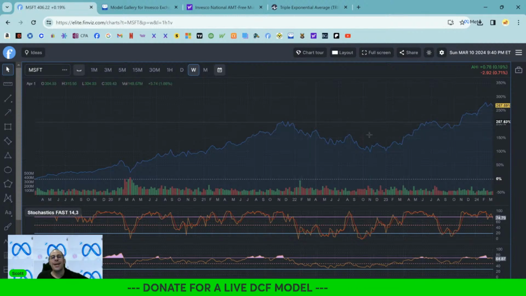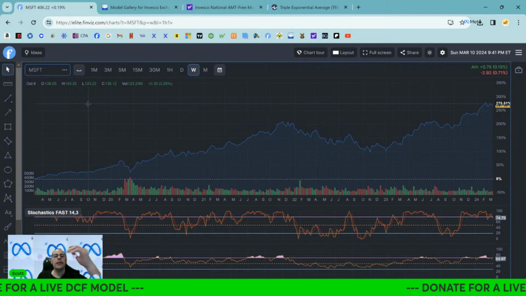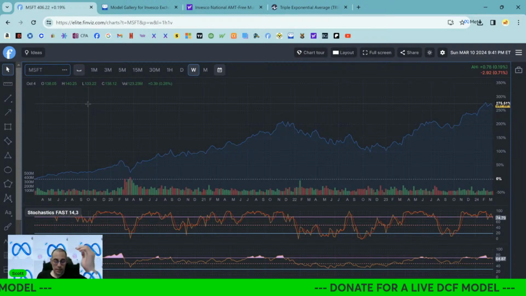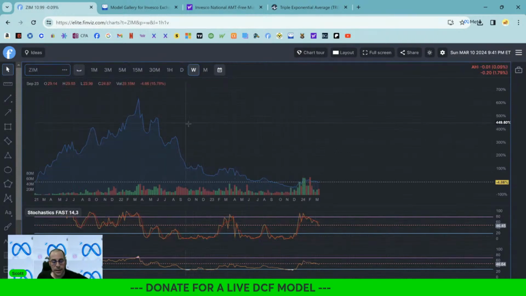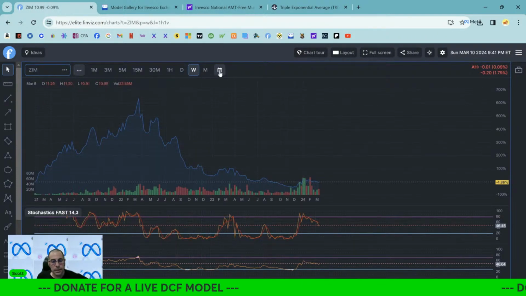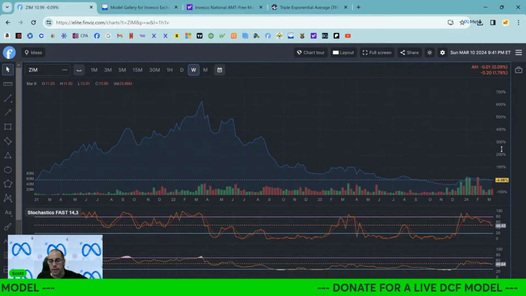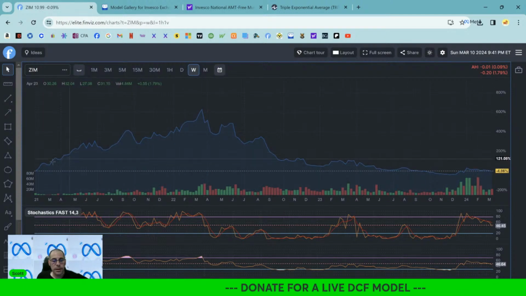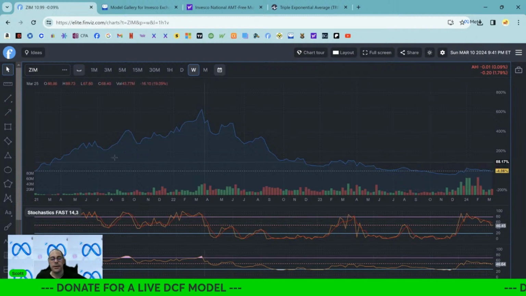But if you're looking to kind of day trade, are there any stocks that people day trade? Is Zim a volatile stock? That's actually flat in the past 5 years, Zim. I thought it'd be down.